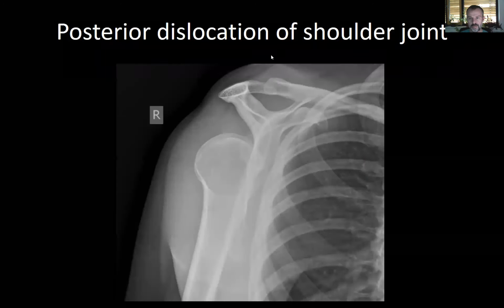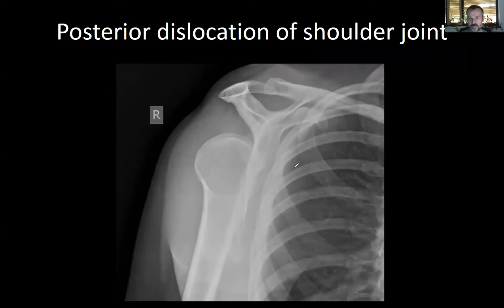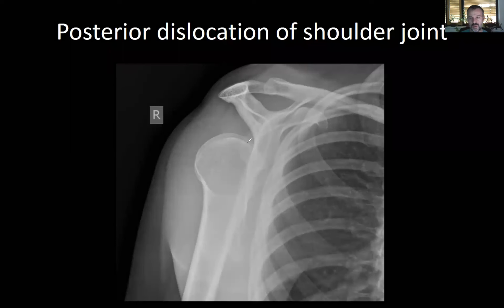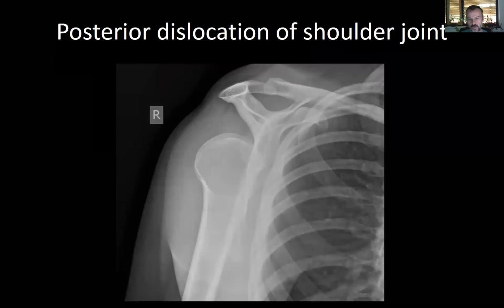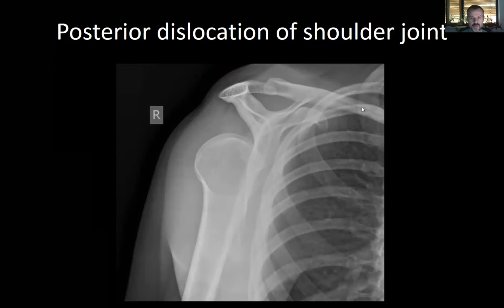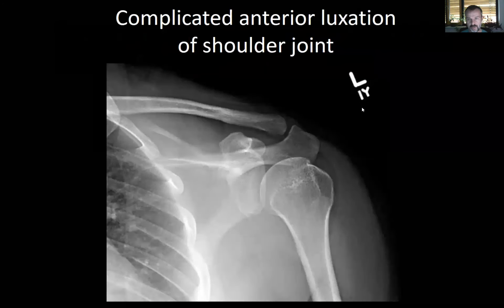And here you can see a posterior dislocation of the shoulder joint, which is quite rare, but you can see the difference if I move back. You can see what is the different position between these two structures, between the healthy patient and the ill patient.